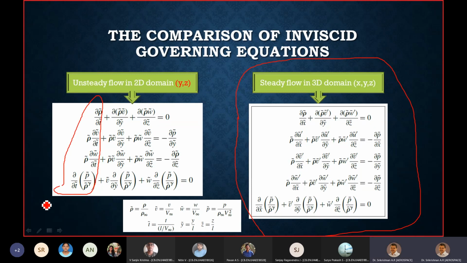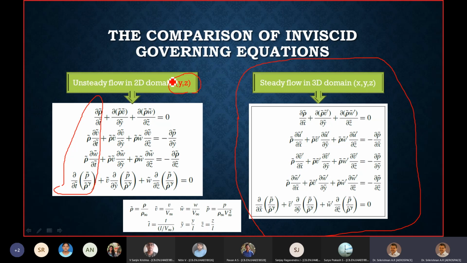The first one is for continuity. The other two are for the two components of momentum. We are talking about two dimensions, Y and Z. X is not there; I'll explain why. So we are considering the YZ plane, and the unsteady form of continuity, momentum, and energy equations as applicable to a 2D domain.